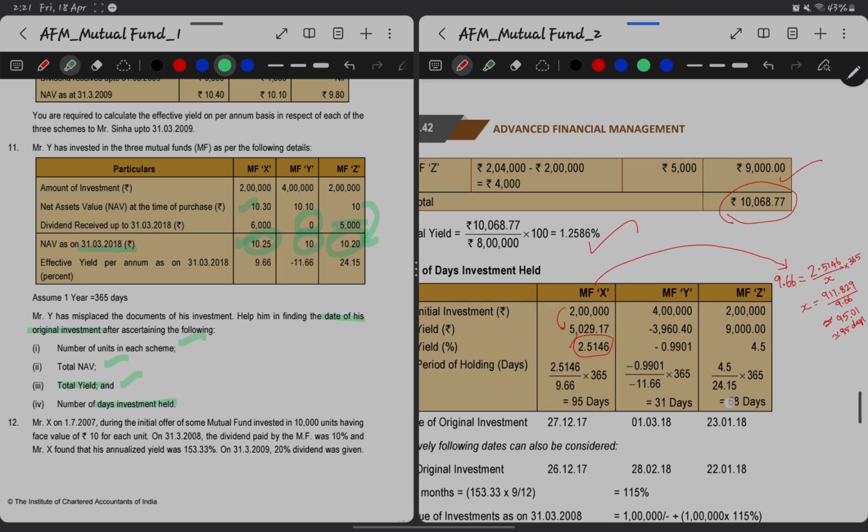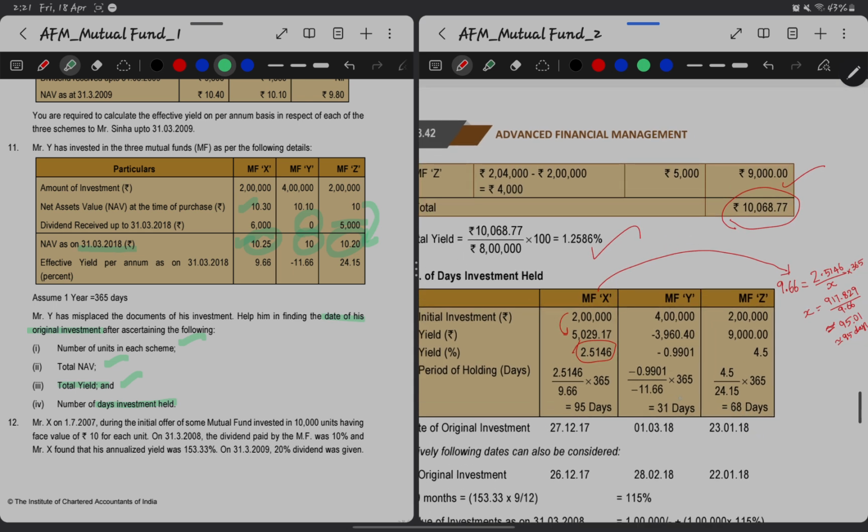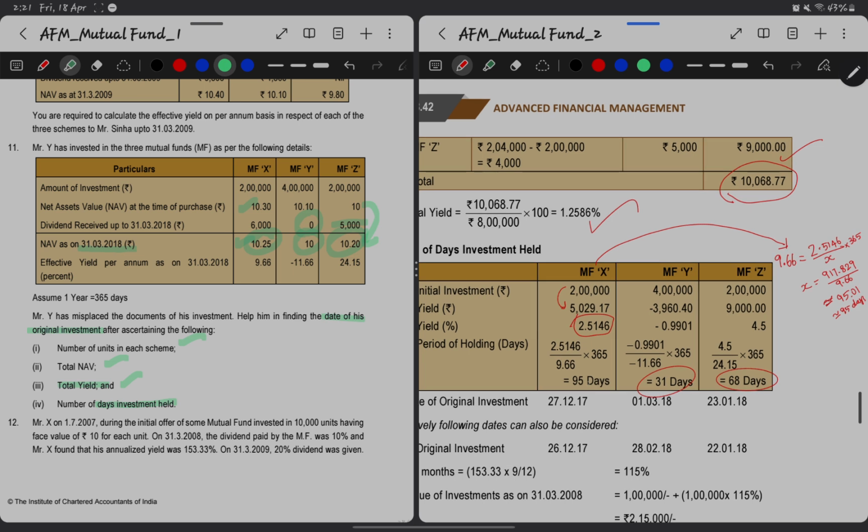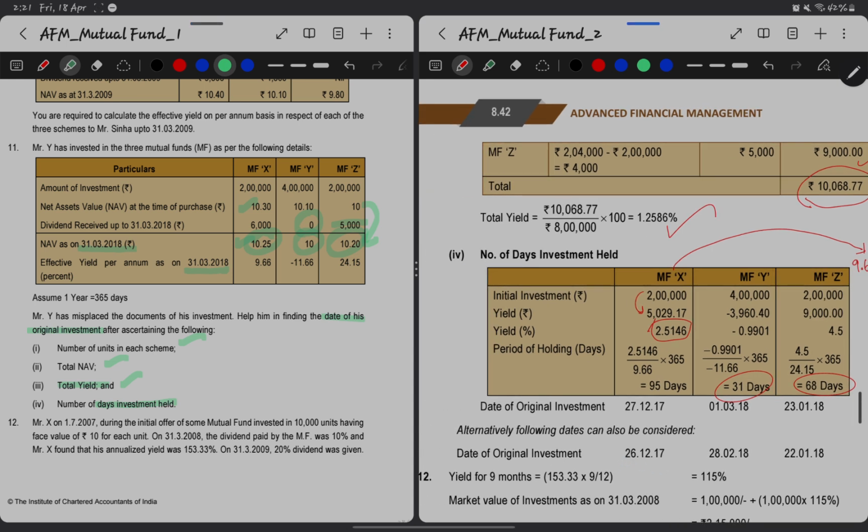In the case of MFY, it is 31 days, and in the case of MFZ, it is 68 days. Now using these days, if we reduce them from 31st March 2018, we'll get the date of investment. If we reduce 95 days from 31st March 2018, the date of investment will be 27th December 2017. If we exclude the 95th day, then 26th will be the date.